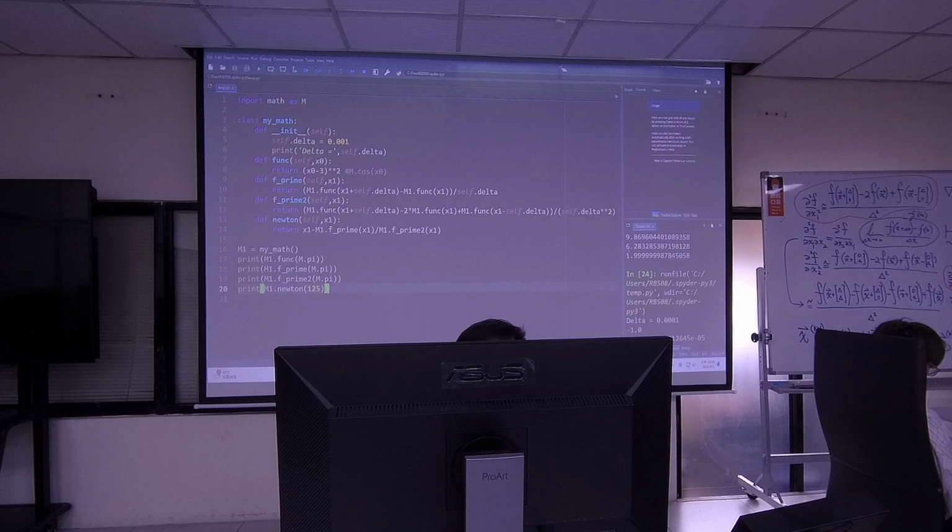I just created one more line to apply Newton's method. What we are teaching today is actually not much.